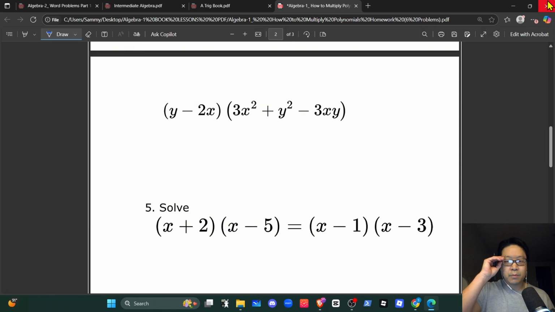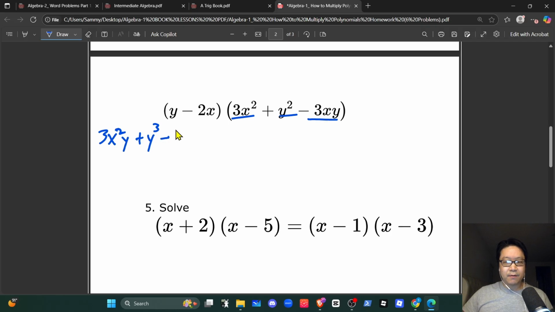All right. Number 4. y and 3x squared is going to give us 3x squared y. y and y squared is going to give us positive y cubed. y and -3x is going to give us -3xy squared. -2x and 3x squared is -6x cubed.